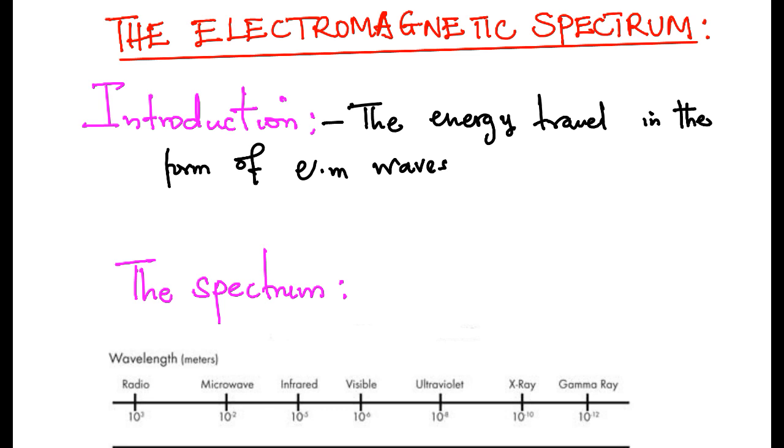In Form 2, we learned that transverse waves are waves that result from oscillating electric and magnetic waves, and one of the transverse waves is the electromagnetic wave, among others.